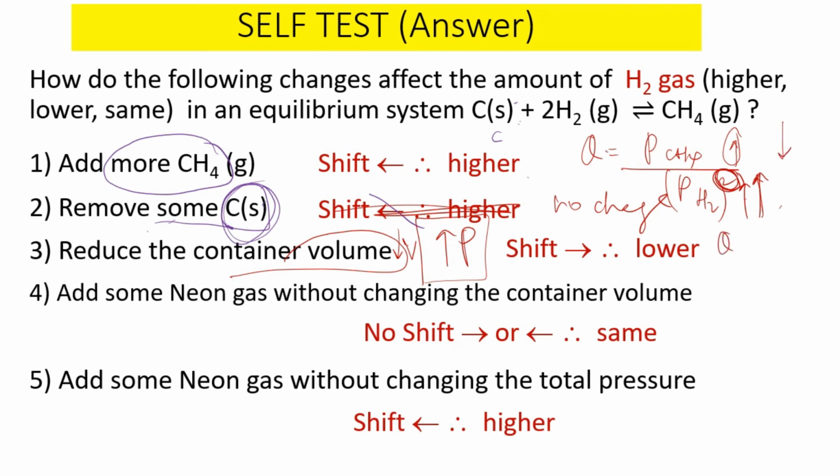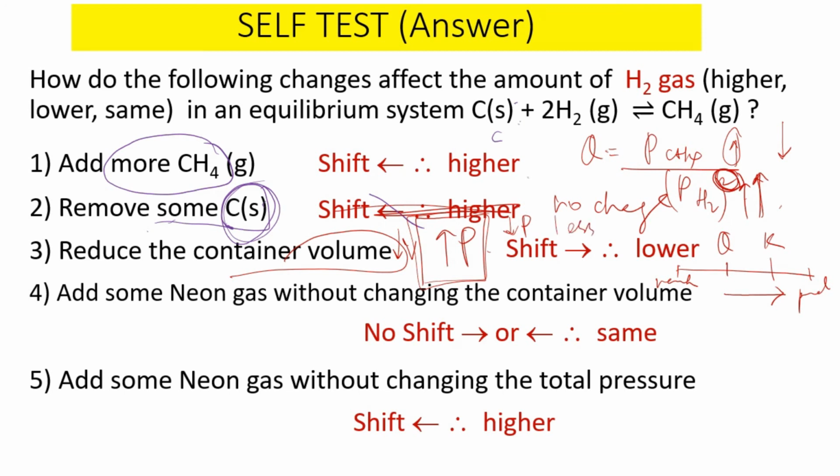Q is smaller than K. So if Q is smaller than K, the system will shift towards the products. This is towards the reactants. If you increase the pressure, the system tries to reduce the pressure, so it moves to the side with fewer moles of gas.